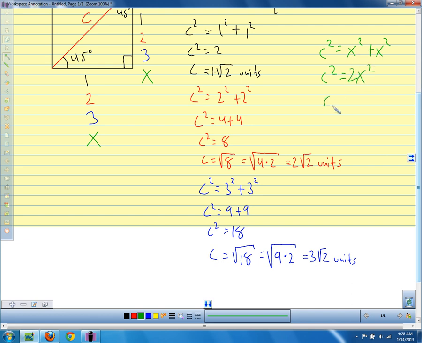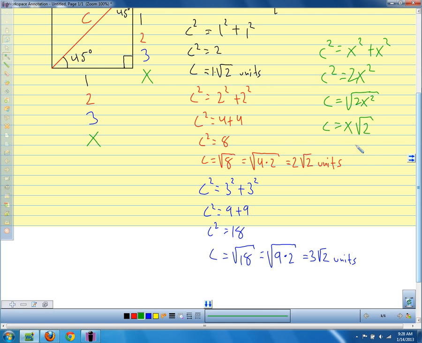I take the square root, so c equals the square root of 2x squared, and the square root of x squared is just x, so I get x square root 2. So no matter what my side length is, the hypotenuse is that side length times the square root of 2. That's what makes a 45, 45, 90 degree triangle special.